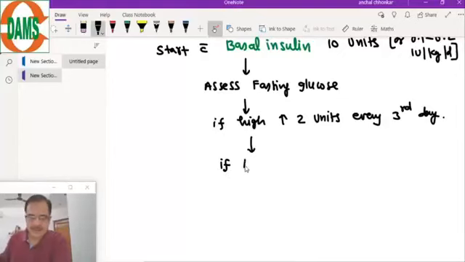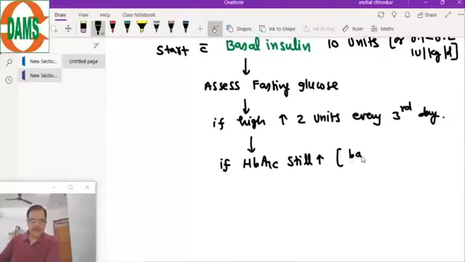if HbA1c is still high with the basal insulin dose of more than 0.5 units per kg per day.